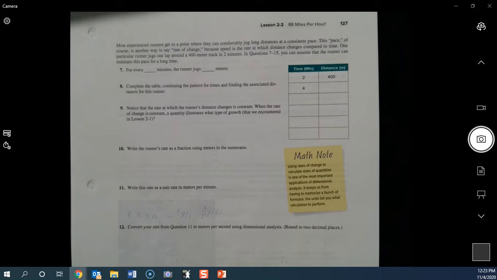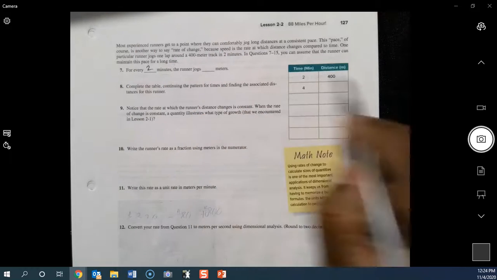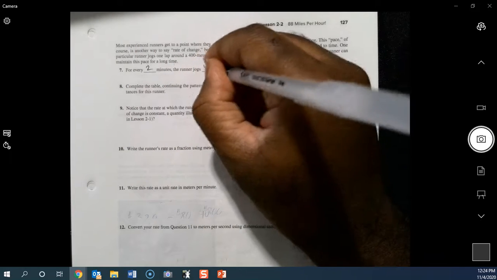In questions 7 through 15, you can assume that the runner can maintain this pace for a long time. So for number 7, it says for every blank minutes, the runner jogs blank meters. So for every 2 minutes, the runner jogs 400 meters.